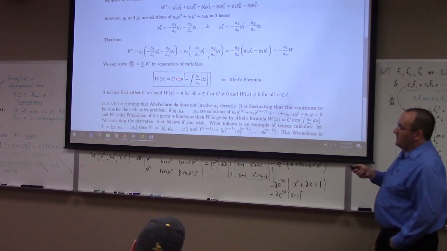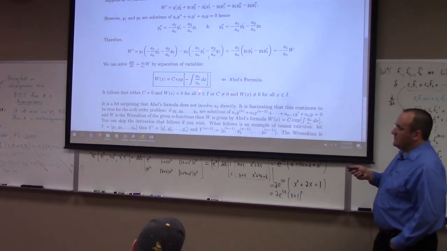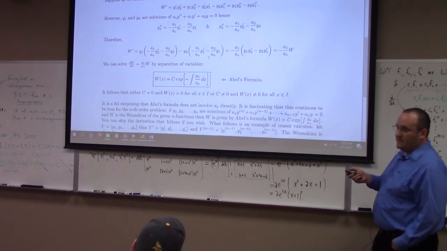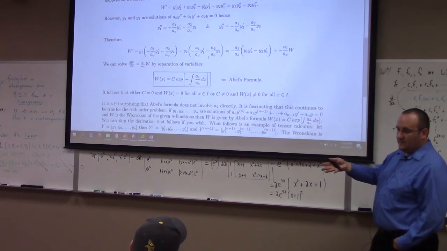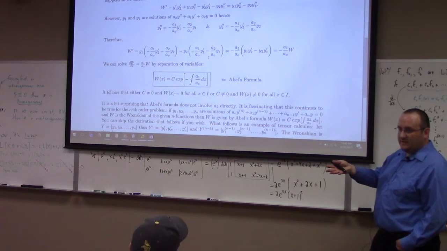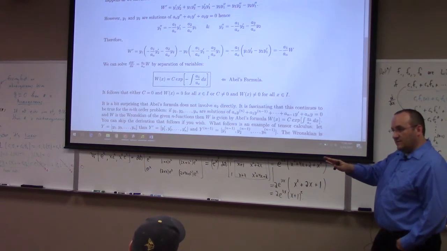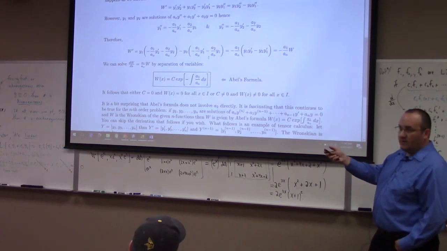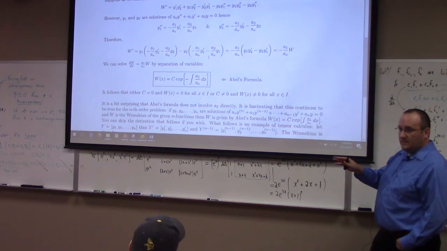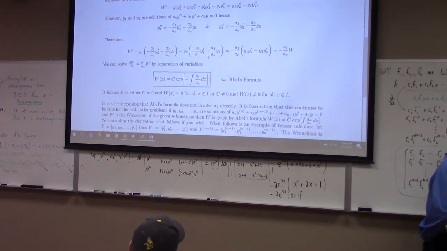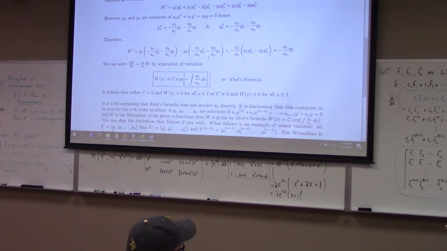This is a very powerful formula because if your friend tells you that the function is some constant times an exponential, if that's 0 in one place, that forces the constant to be 0. So it has to be 0 everywhere, right? So this formula is either 0 everywhere or it's non-zero everywhere. That forbids this kind of stuff from happening, basically.